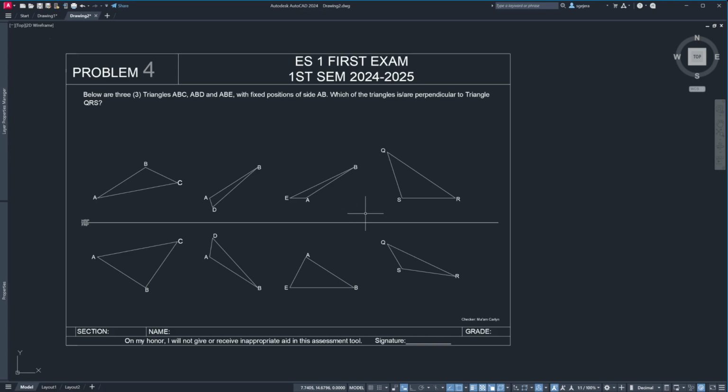So the easiest strategy in this particular case is to find lines contained in ABC, ABD, and EAB that are truly perpendicular to QRS. We just need to find that one line. And if a line is truly perpendicular to a particular plane, then it is also truly perpendicular to all lines contained in that plane.